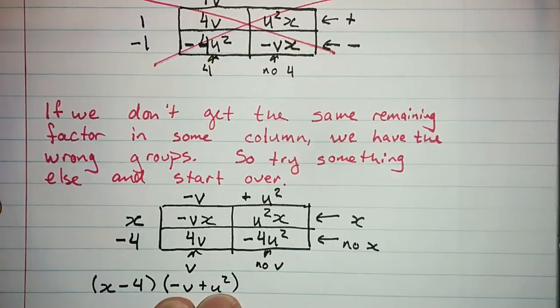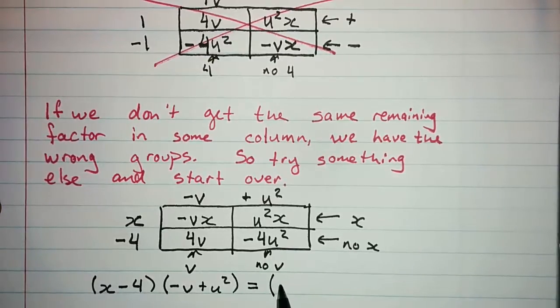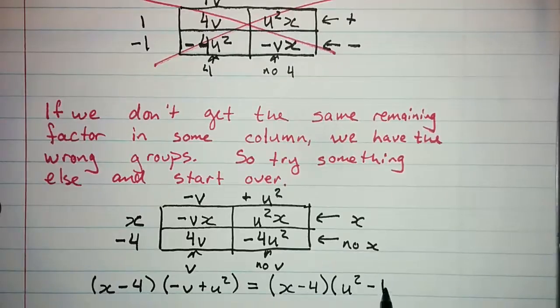Sometimes I don't like to write a negative plus a positive. I might choose to write this as x minus 4 times u squared minus v. Right, those mean the same. Minus v means plus negative v. So this is the commutative property not of subtraction, but of addition.